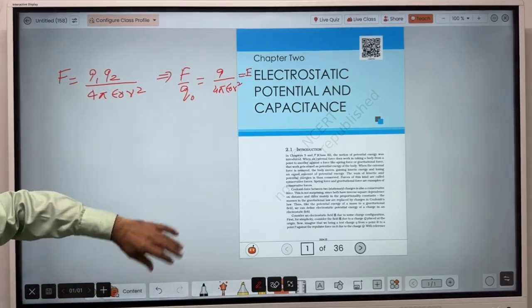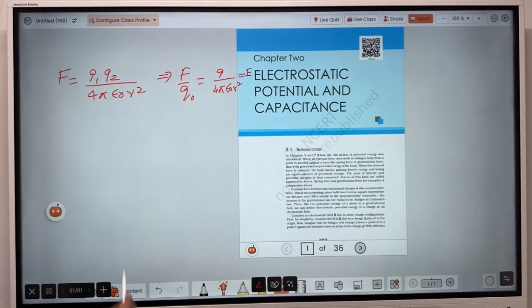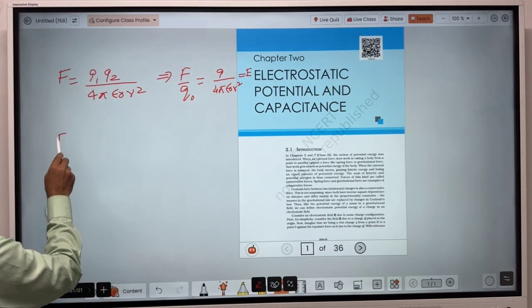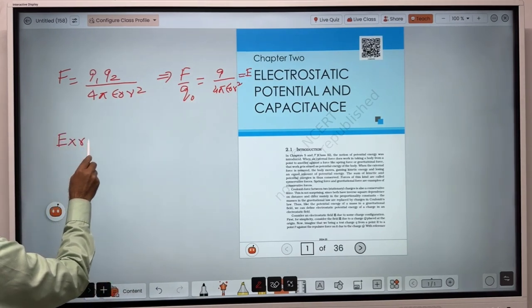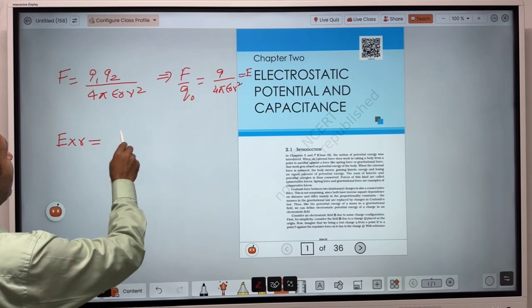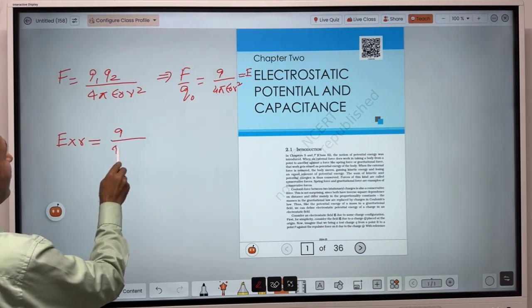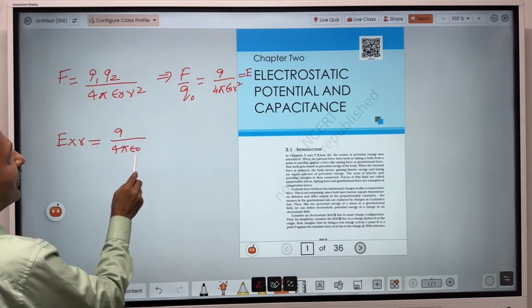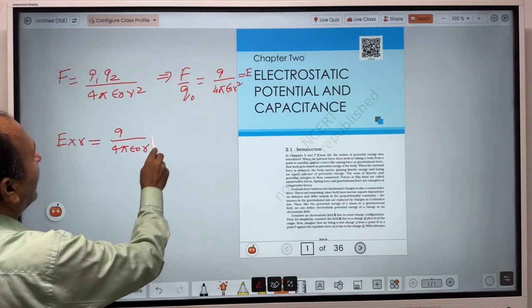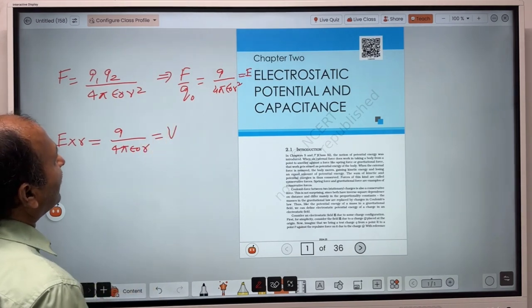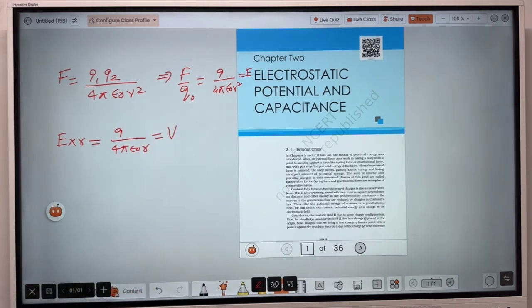Now, if this electric field is multiplied by radius, then what do you get? E multiplied by R is Q upon 4 pi epsilon naught R. What we get is potential.